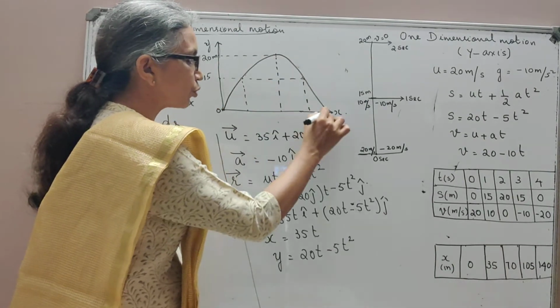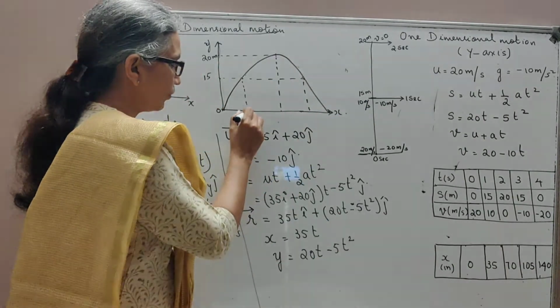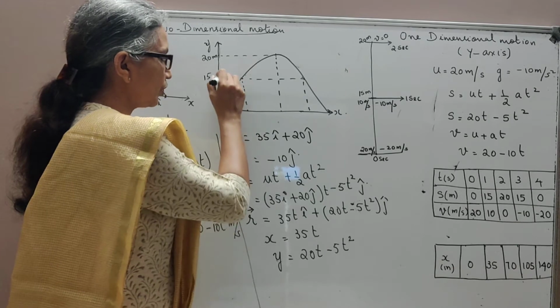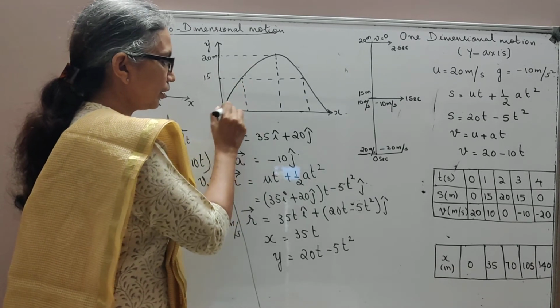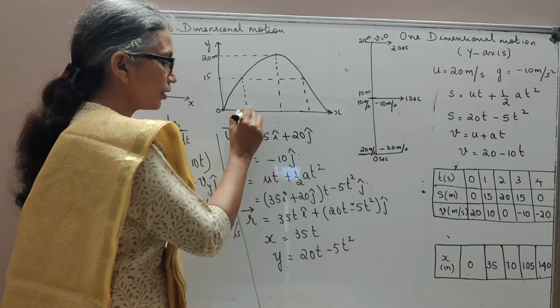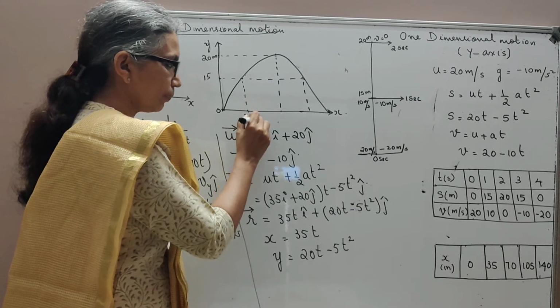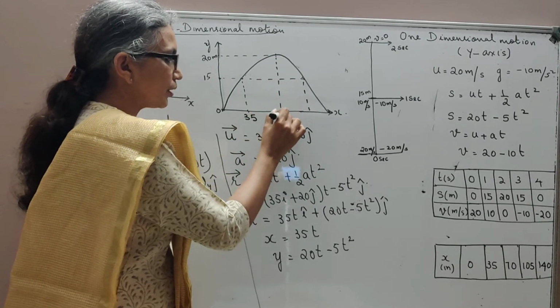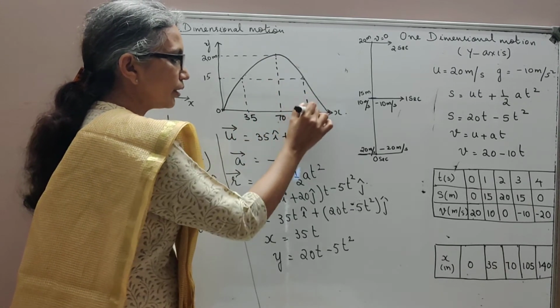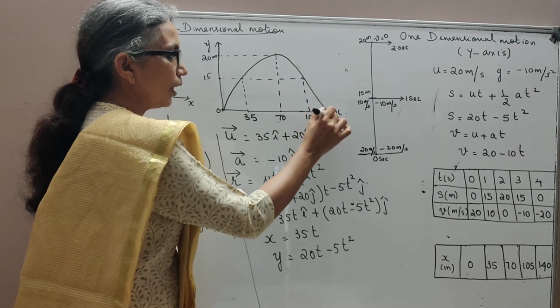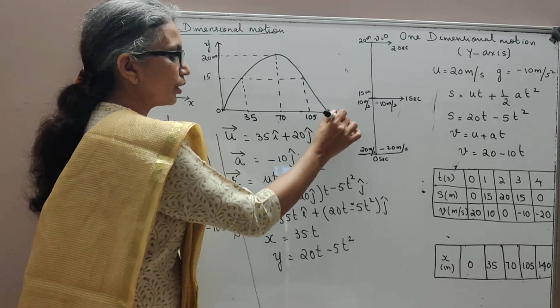Now this body also has moved to the right. When it reached 15 here, at 1 second the displacement along the x-axis was 35 meter. Then at 2 seconds it is 70 meter. At 3 seconds it is 105 meter, and at 4 seconds it is 140 meter.